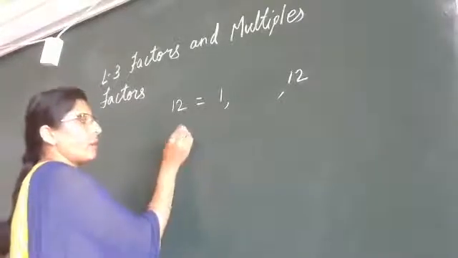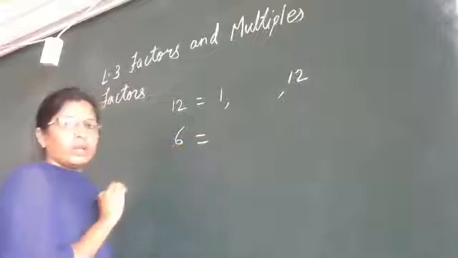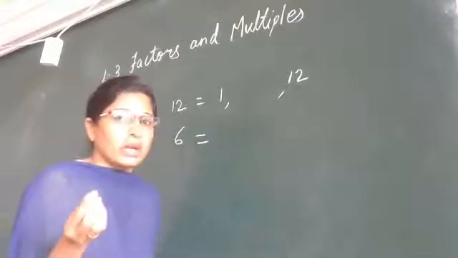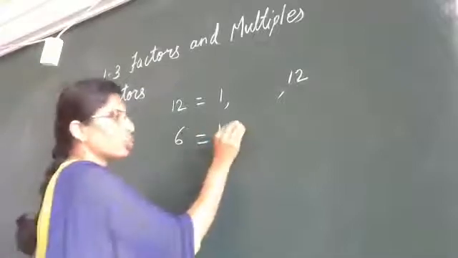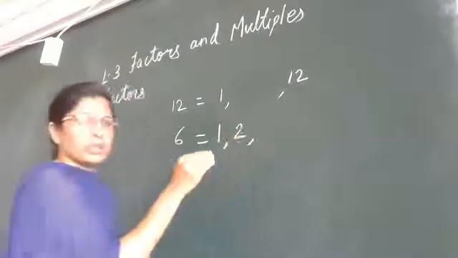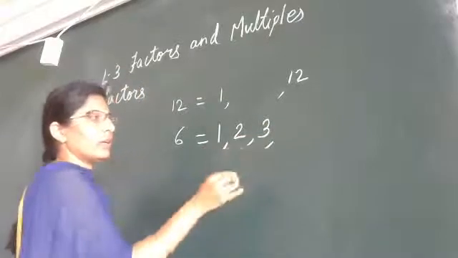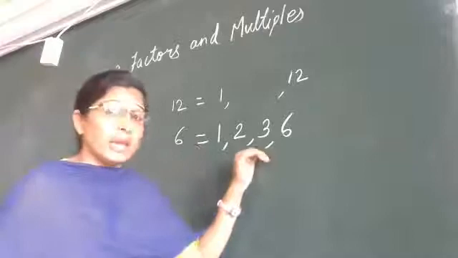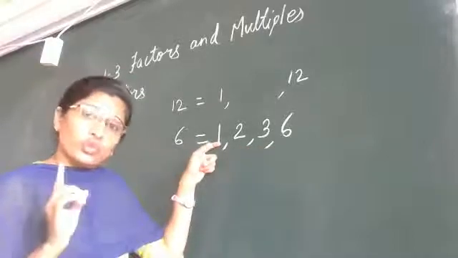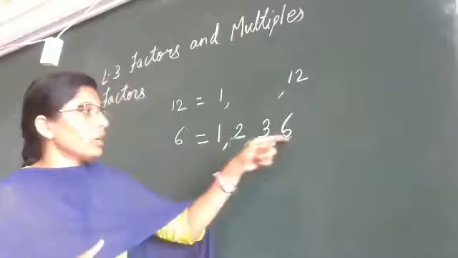Now we'll take one more example. For example, 6. 6 will come in which table? Always you have to start from 1. 1, 2, 3 and 6. So here also you can see that 1 is the smallest factor.